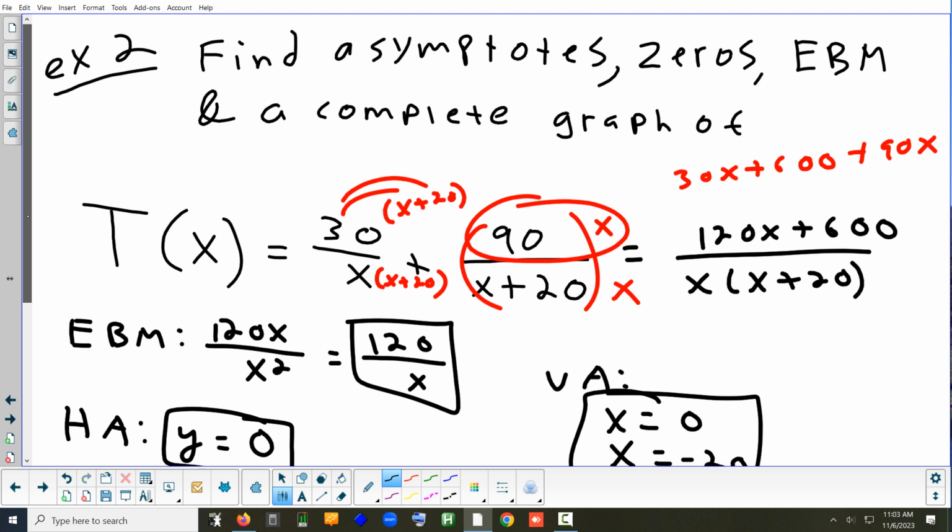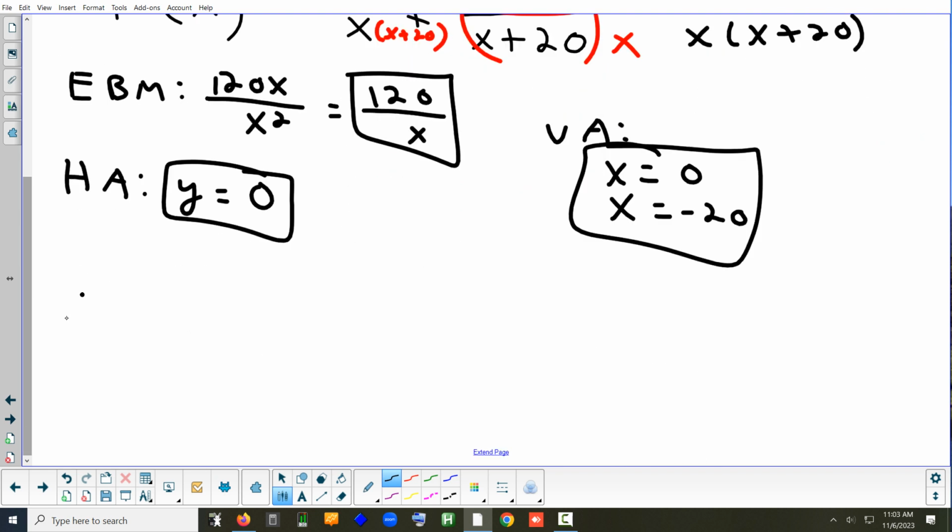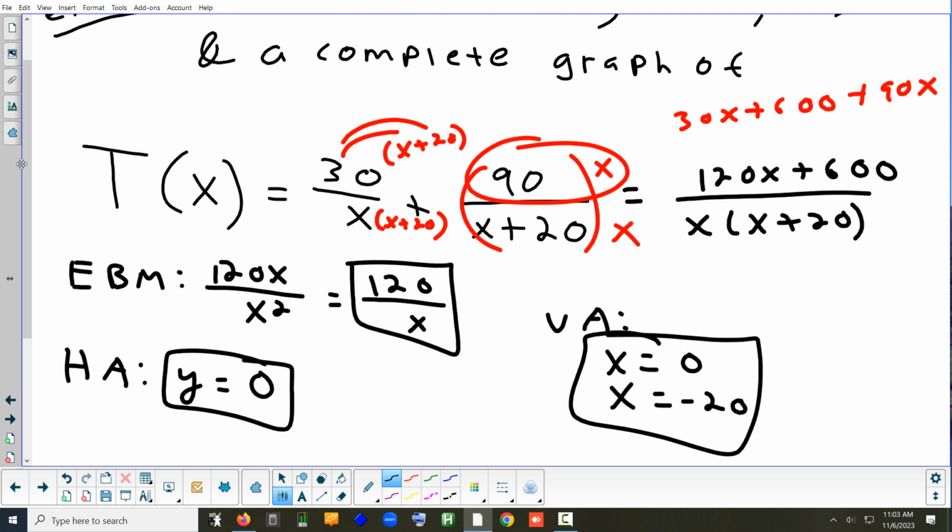Anything else they want? Oh, the zeros. So the 0 is where it crosses which axis? These are your roots. Right, it's where it crosses the x-axis. To find an x-intercept, you set y equal to 0. Well, I don't really have a y up here, but what symbol represents y?